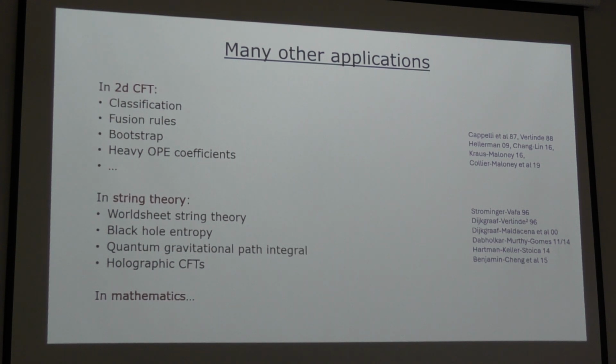So this was possibly the first application of modularity to 2-dimensional CFT, but there are many, many other applications. In particular, in string theory, it played a role in originally finding a microscopic accounting for black hole entropy in the Strominger-Vafa story, but that developed into much more.